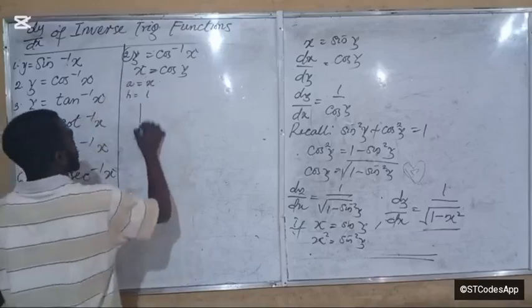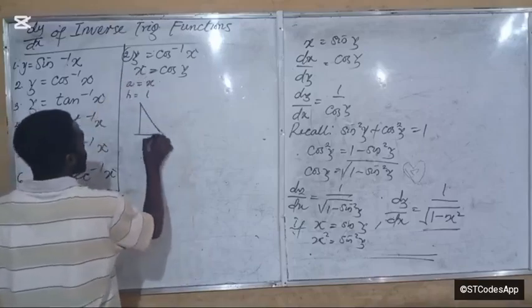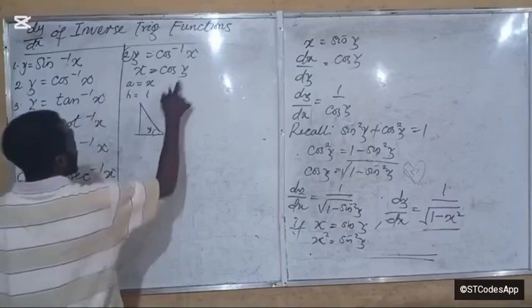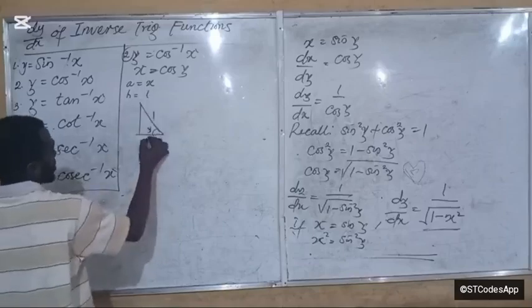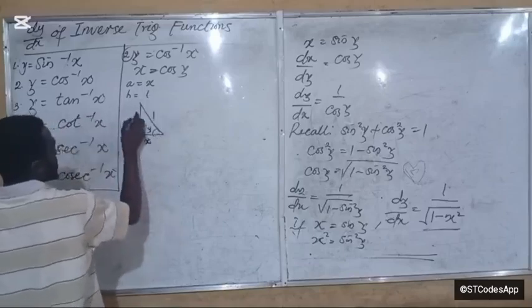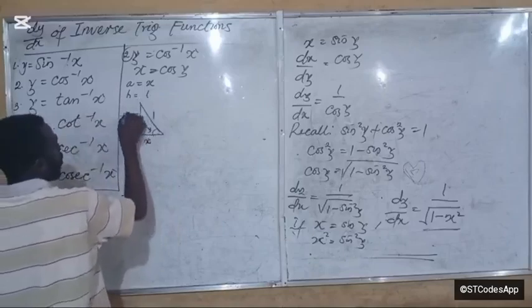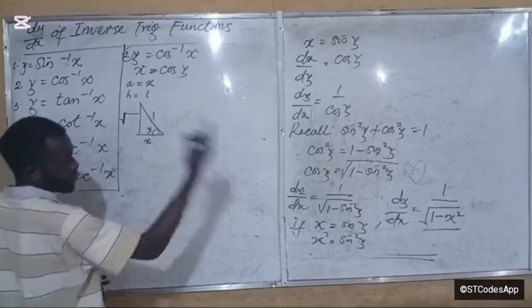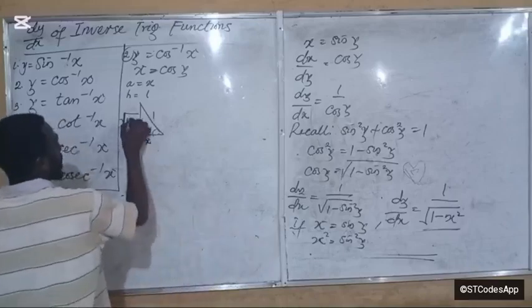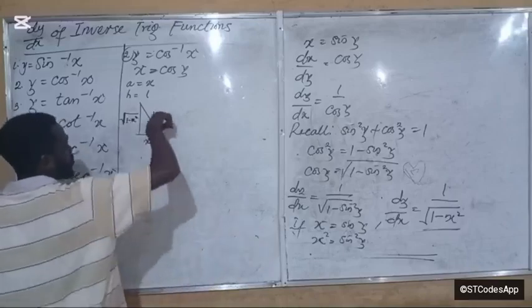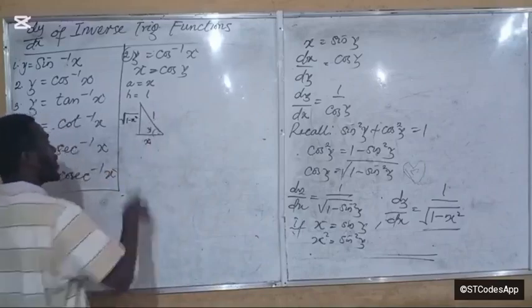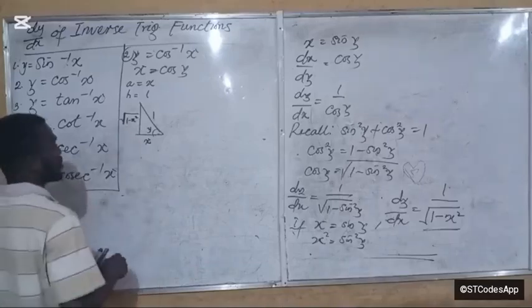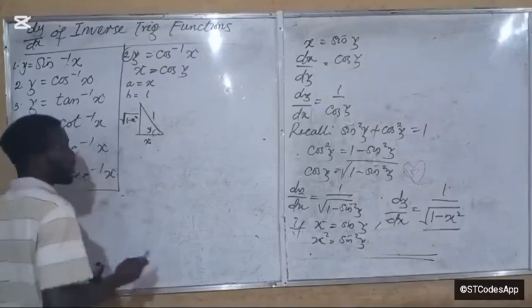Okay, so it means that if we draw our right angle triangle, if this is our y, then our hypotenuse is 1, adjacent is x, and if that be the case, it means that this place will be our opposite, and the value from what we calculated before was the square root of 1 minus x squared. It will be hypotenuse squared minus adjacent squared, and the square root of that will be the value of our opposite.